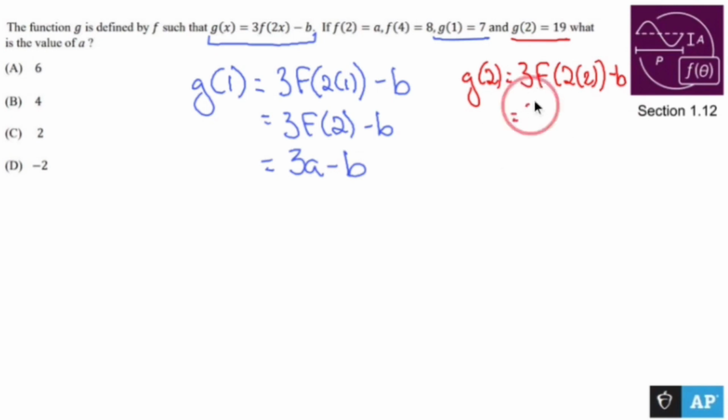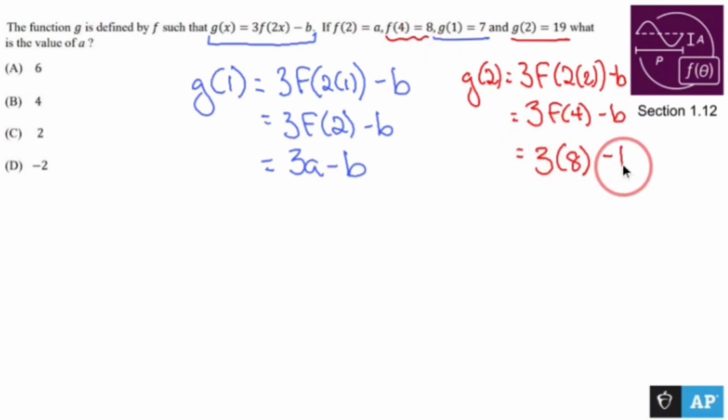That becomes 3 times f of 4 minus b. Oh, look, f of 4 is 8. So 3 times 8 minus b is going to be 3 times 8, which is 24, minus b.